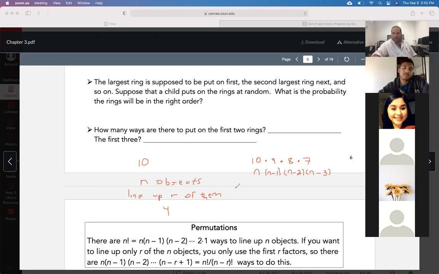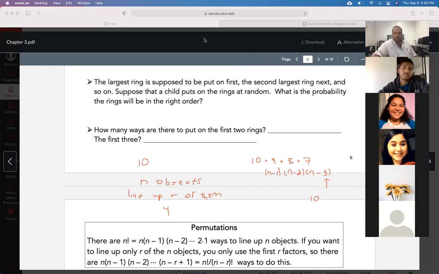Actually, let me do one thing here, make it a little more clear. The first one, I'm not going to write as n. I'm going to write it as n minus 0. So n minus 0 ways for the first, n minus 1 ways for the second, n minus 2 ways for the third, n minus 3 ways for the last, correct? With me, am I going too fast and not understanding? Speak up now or forever hold your peace.